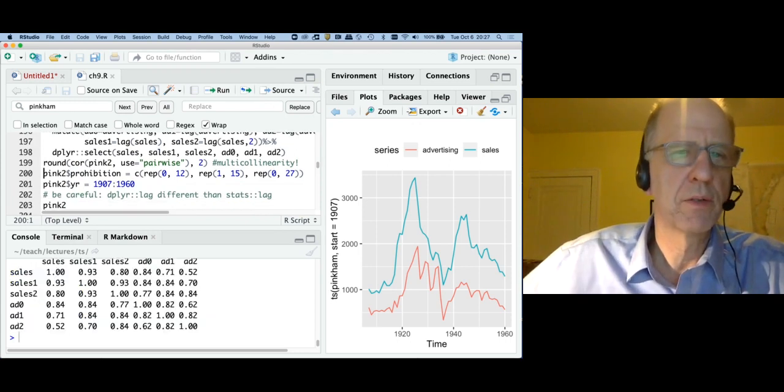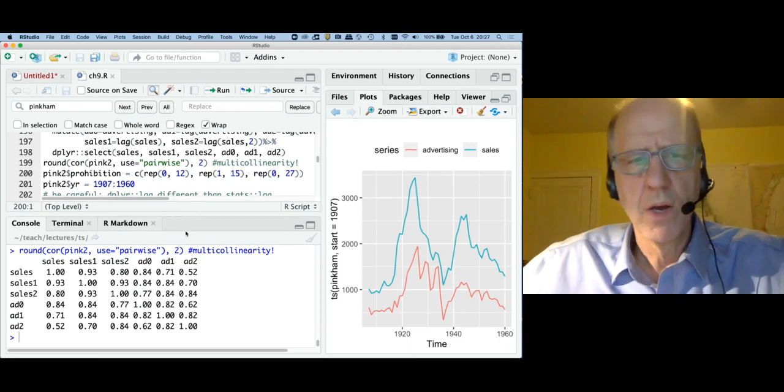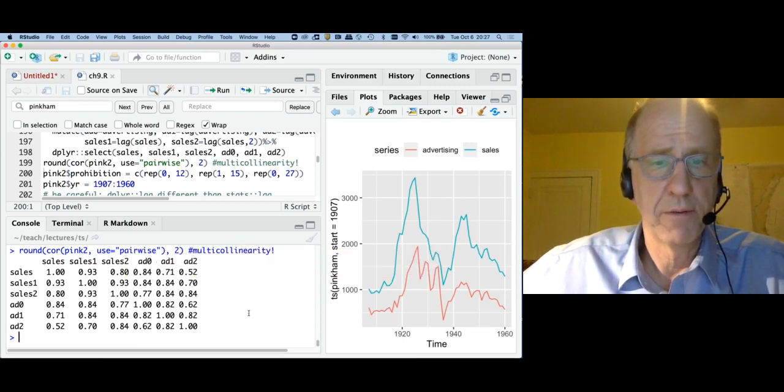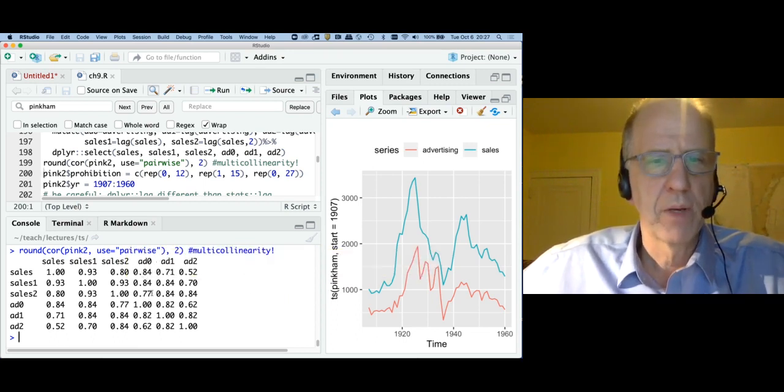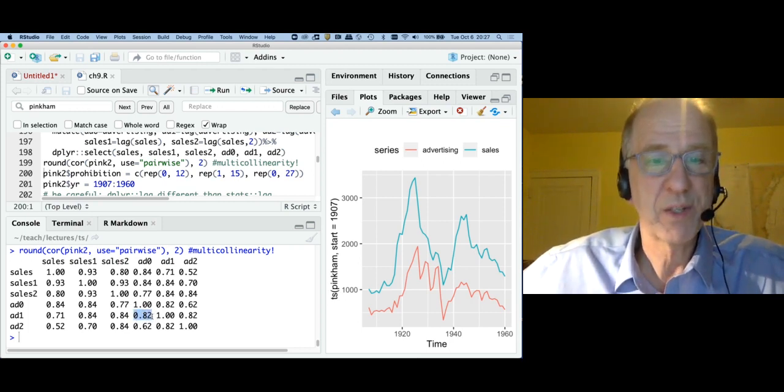And let's go take a look at our correlation matrix now. What you will see in this, I think, is very typical of data sets I've looked at, where the correlations between the ad variables are pretty substantial. So the correlation between my advertising this period and last period is about 0.82.